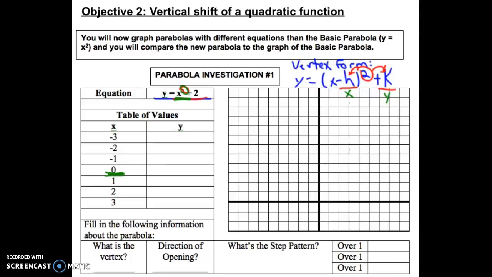Now, to the right of the power is the number 2, a positive 2. So I know that at 0 comma positive 2 is going to be my vertex. Now that won't always be the case. 0 won't always be the x value, but in this case it is. And I need you to start developing that skill of, if given a function, can you locate its vertex instantly?